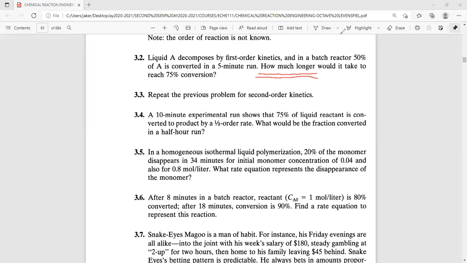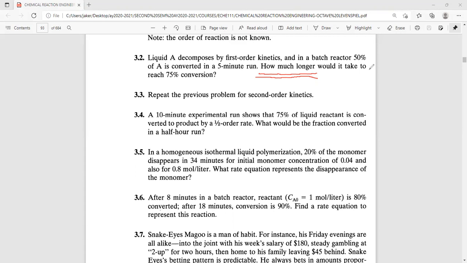That's correct, Dexel, because it already gave you the scenario that at 50%, the reaction has already commenced for 5 minutes. So how much longer, meaning it's referring to the original scenario. How much longer compared to 50% conversion of A? So your answer should be 5 minutes.